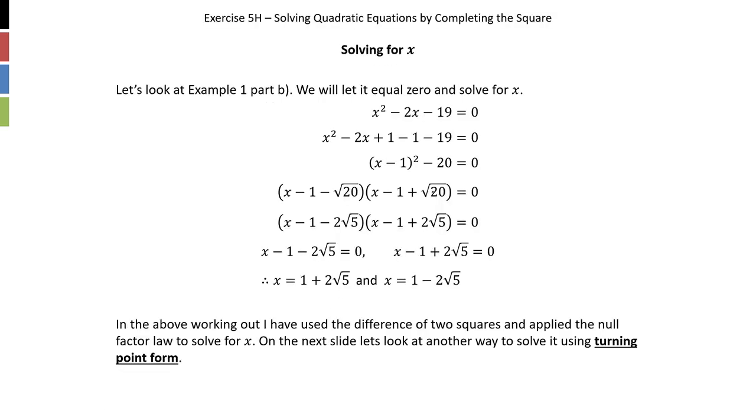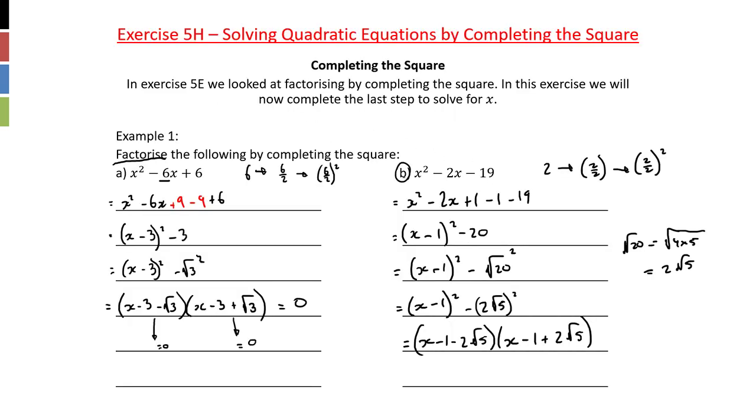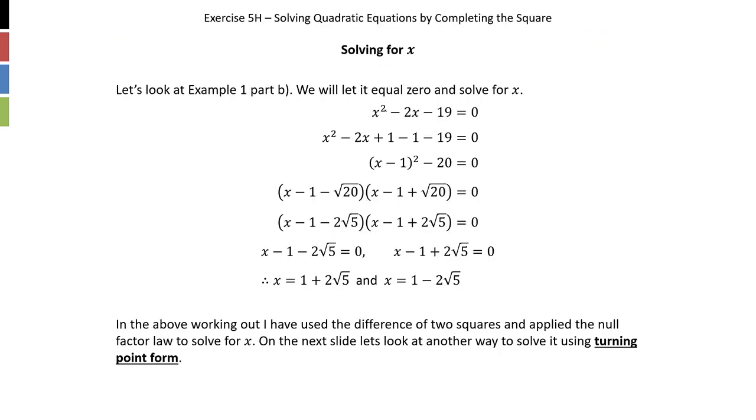This is showing a full example of exercise B here. So we had x squared minus 2x minus 19, add the 1, subtract the 1, minus the 19. We get in this form the difference of perfect squares, and we simplify our surds here, and it's equal to 0.